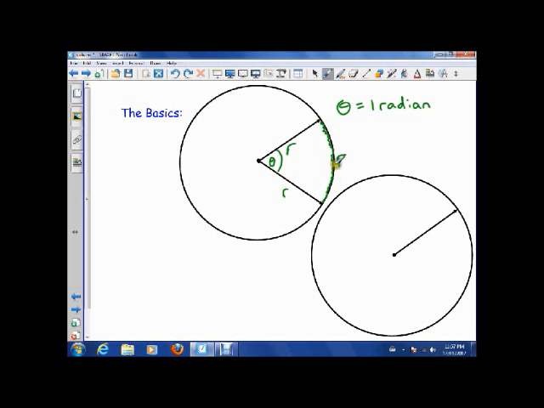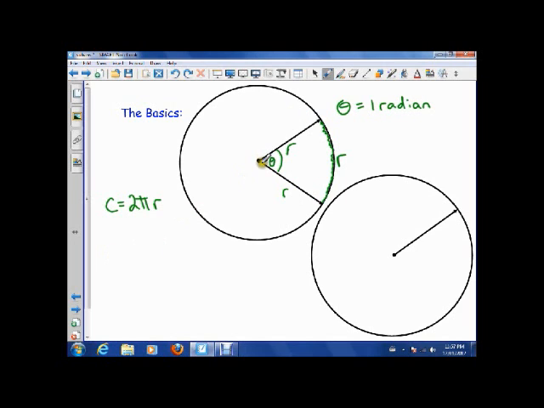Now, what's the total distance around here? You remember the total distance around is 2 pi r. So if this is 2 pi r, how many radians did we have to turn? Well, 1 radian gets me r, so to get 2 pi r, I have to turn 2 pi radians.